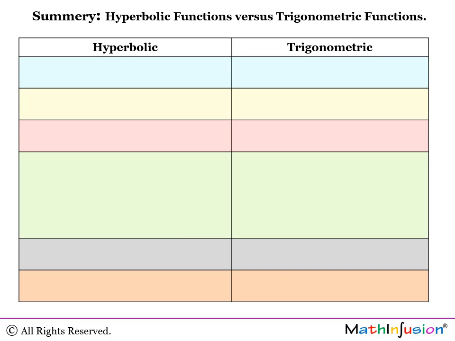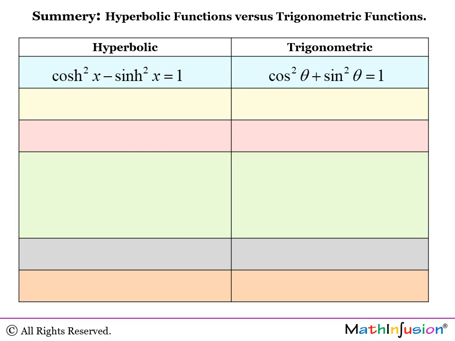I would like just now to give a small summary when I'm comparing hyperbolic functions to trigonometric functions. You have to remember that here we have cosine hyperbolic squared x minus sine hyperbolic squared x equals 1.